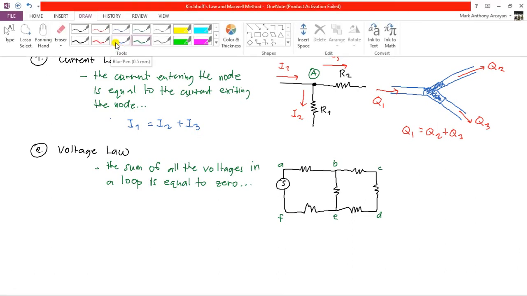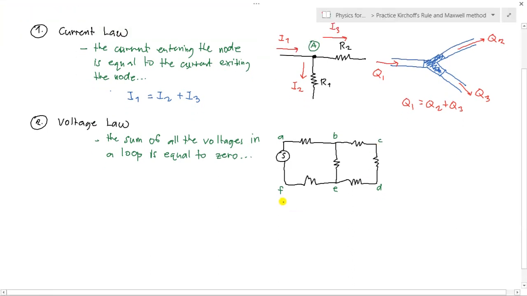We define the loops like this. Loop number 1 is A, B, E, F. Loop number 2 is B, C, E, D.